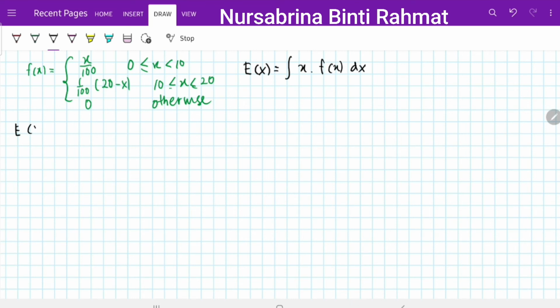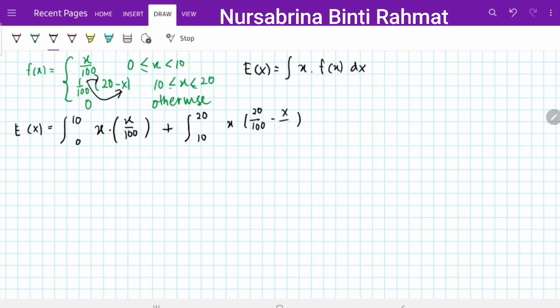So E(X) equals the integral of the first one from 0 to 10, x multiplied by x over 100, plus the integral from 10 to 20, x multiplied by the equation. Again, I prefer you to expand it first. So 1 over 100 multiplied by 20 becomes 20 over 100. So 20 over 100 is actually 1 over 5, or we can just leave it as 20 over 100.